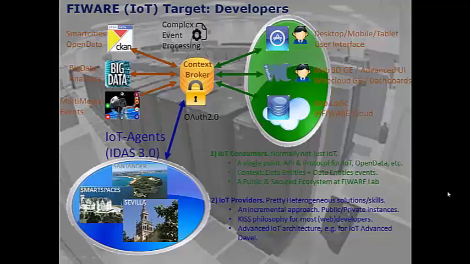You can have anything from a simple sensor that just wants to publish its information on the context broker to be consumed by an application, to very complex IoT architectures, networks of sensors that need to be connected to the context broker. So it's very heterogeneous in itself, but we can say that the IoT providers are the sensors that really put a lot of data into the context broker.